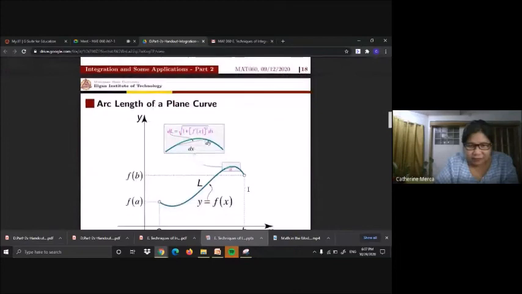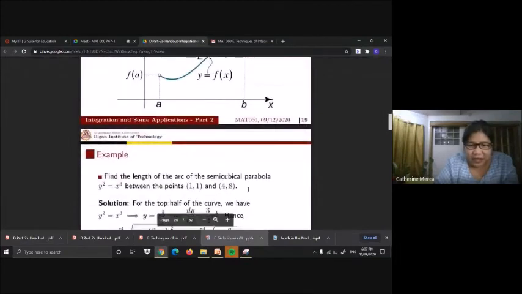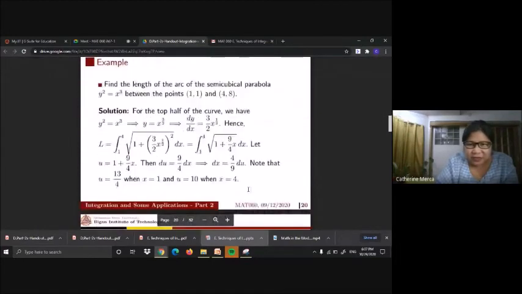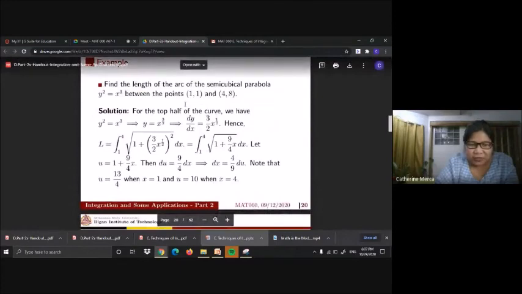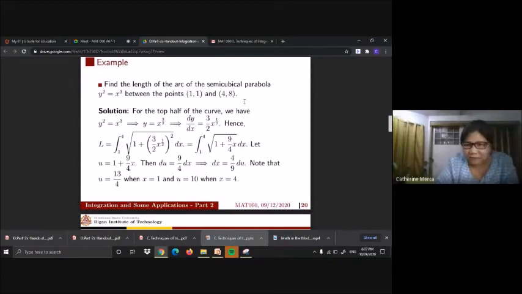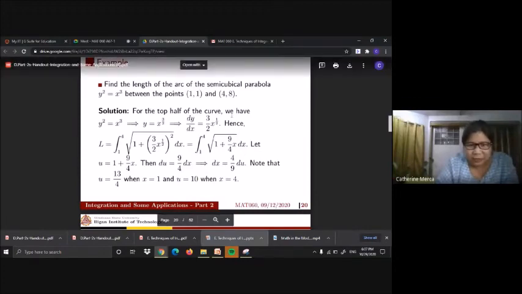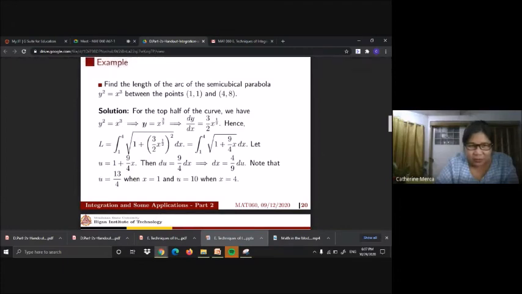Example, I will go straight to the example. Find the length of arc of the semi-cubical parabola y squared equals x cubed between the points 1, 1, and 4, 8. So for the top half of the curve, we have y squared equals x cubed. Y is equal to x raised to the 3 over 2.